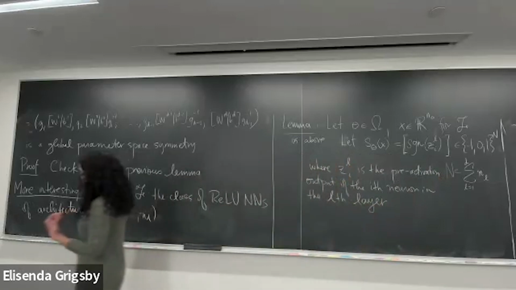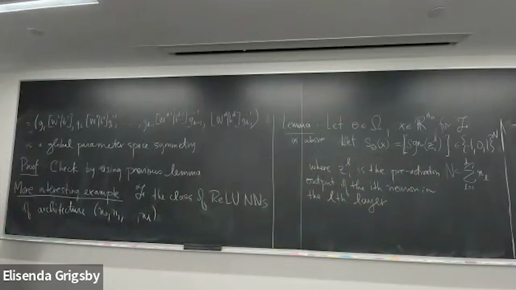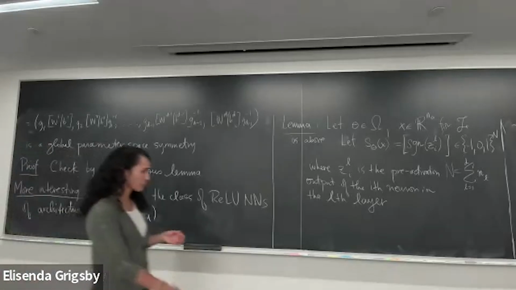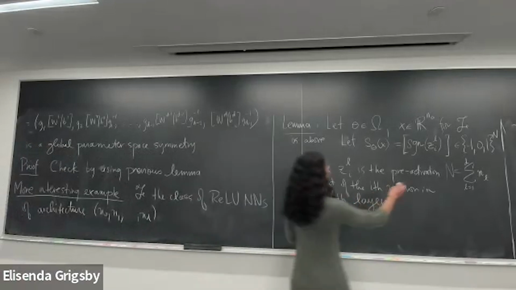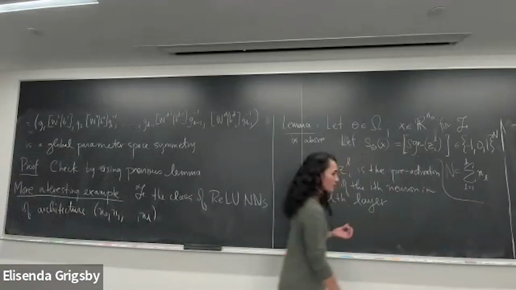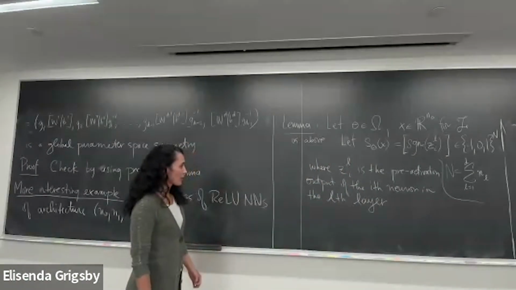So for every point in the domain, you can write down its pre-activation sign for each of the neurons in your network. And remember, this comes from locating it with respect to the bent hyperplane arrangement, which gives the decomposition of the domain into regions on which the function is affine linear. Okay, so this is the pre-activation output of the ith neuron in the lth layer.